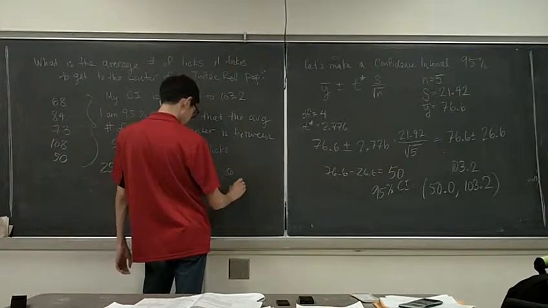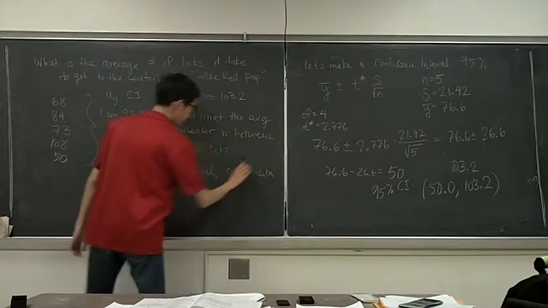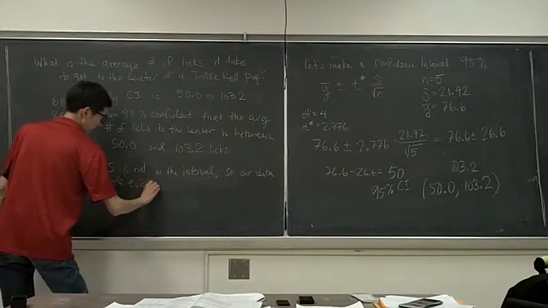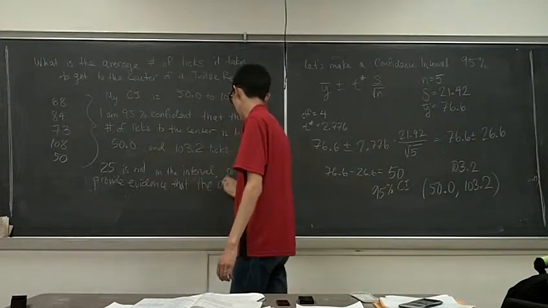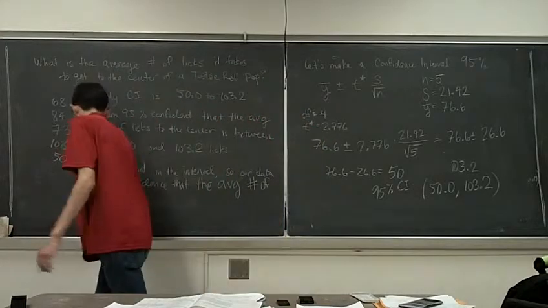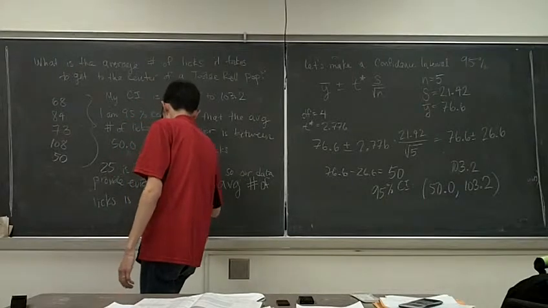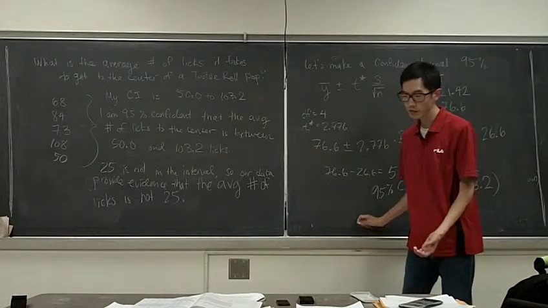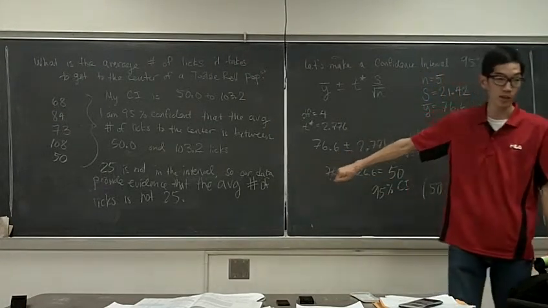So our interval, or our data, provide evidence that the average number of licks is not 25. It doesn't mean it's impossible, okay? It just provides evidence that it's not 25.